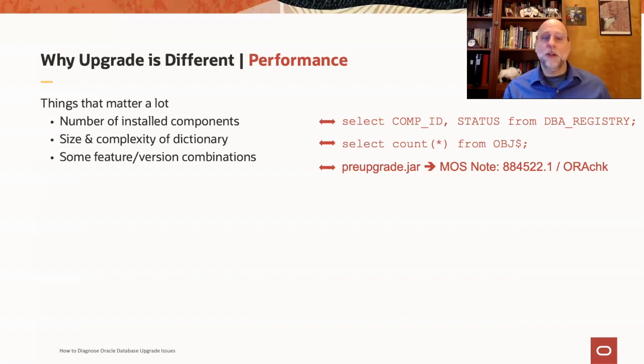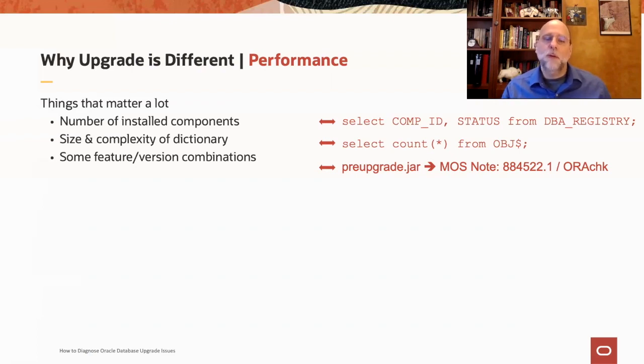And I've actually encountered some customer databases with over 20 million objects in the database. Because much of what upgrade does is querying, updating, inserting into these dictionary tables, the bigger those tables are, the more it can affect your upgrade performance. So that's just a factor there. It's not about your user data, it's about your dictionary tables.